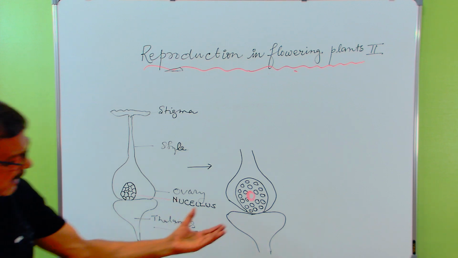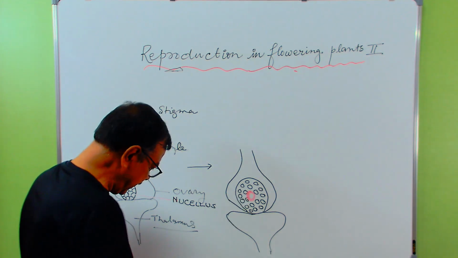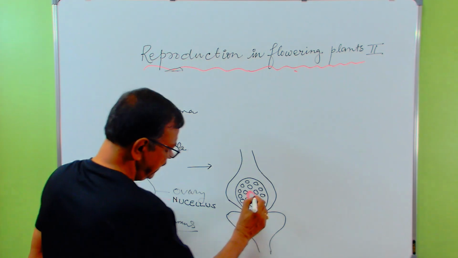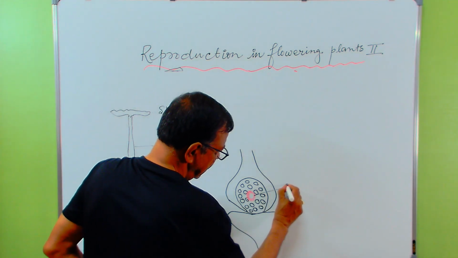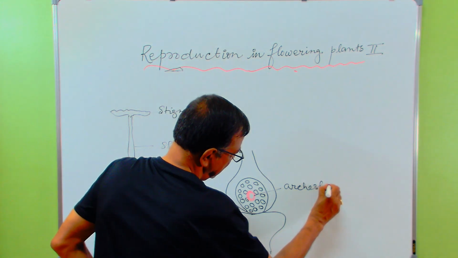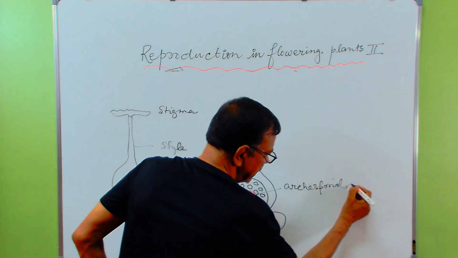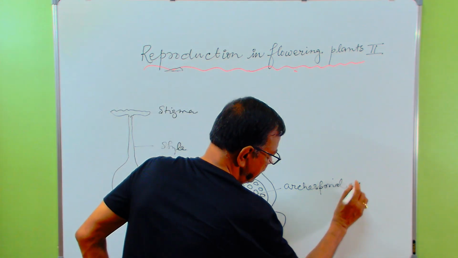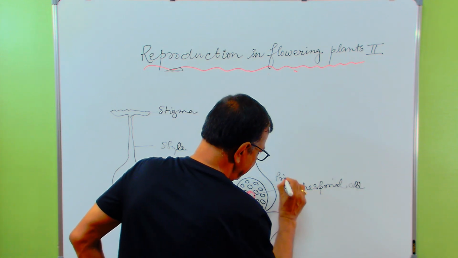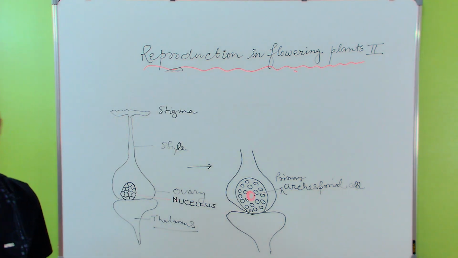This is the megasporangium, and in some books it is written, here also it is known as archesporial cell. Or you may call it primary archesporial cell. Clear?